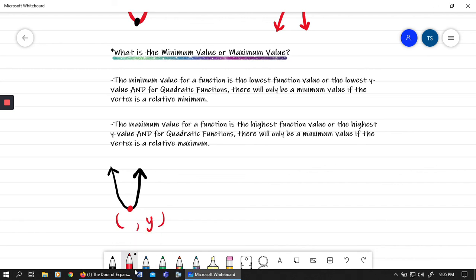So again, the y value of the vertex here, if it's a minimum, we're talking about the y value of the relative minimum.